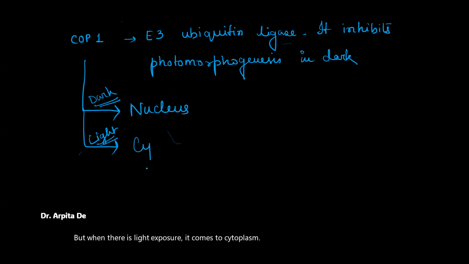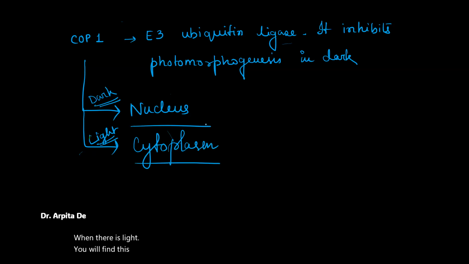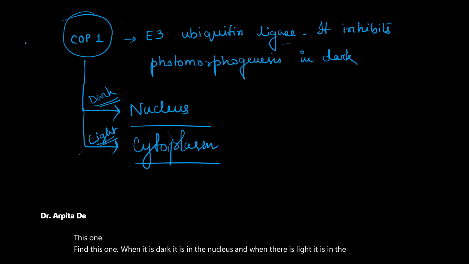When there is light, you will find this in the cytoplasm. Is that clear? When it is dark, it is in the nucleus, and when there is light, it is in the cytoplasm.